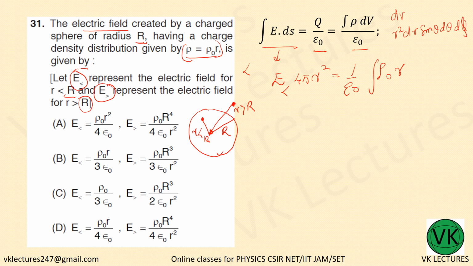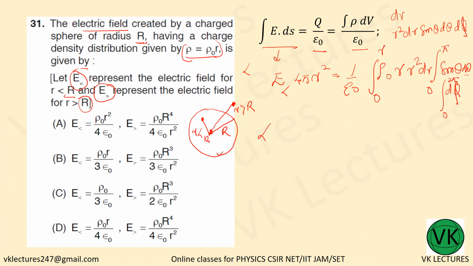So r into r squared dr sin theta d theta d phi. Now when you integrate r, you integrate from 0 to small r. When integrating theta, it is from 0 to pi, and integration of phi is from 0 to 2 pi.